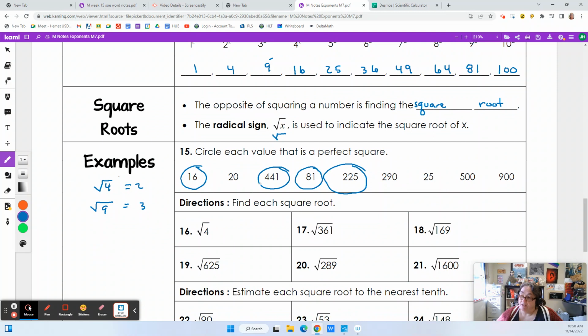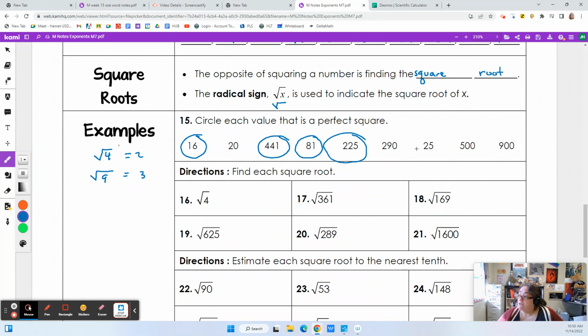Like 16 is a perfect square because we know that 4 times 4 equals 16. 441 was a perfect square because we learned that 21 times 21 is 441. 81 is a perfect square because 9 times 9 equals 81.